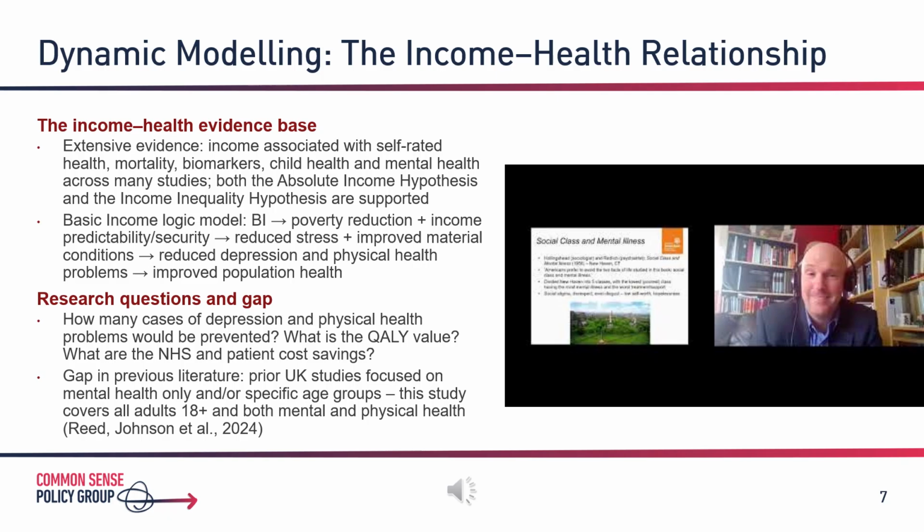Thompson et al. 2024, published after the Reed et al. findings were drafted, focuses on adults aged 25 to 64 and uses the General Health Questionnaire, GHQ-12, mental health measure. This study is the first to estimate health impacts of basic income across all UK adults, 18 plus, and to cover both mental and physical health in a framework that allows conversion to QALYs for health economic comparison.